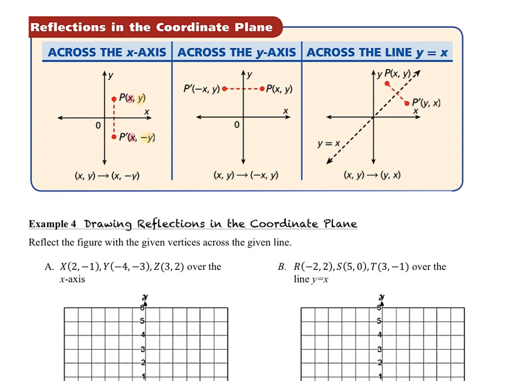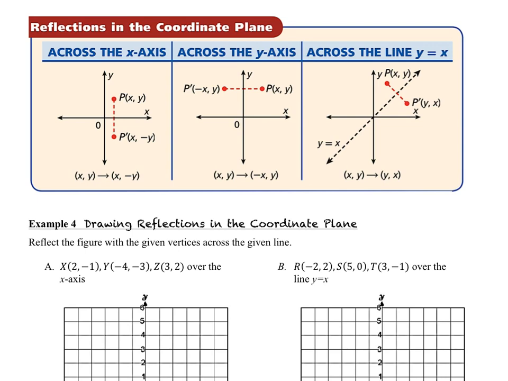So when we reflect across the x-axis, the y-coordinate turns opposite. Here's the mapping statement, just so that we take a look at what the entire mapping statement looks like. When we reflect across the x-axis, x stays the same, y goes opposite from what it started out.